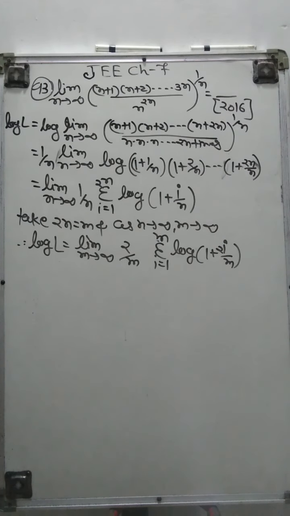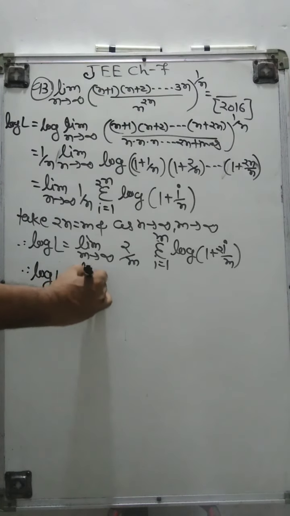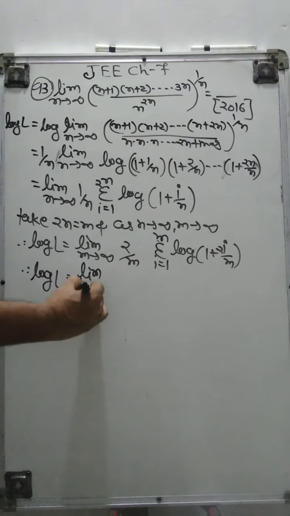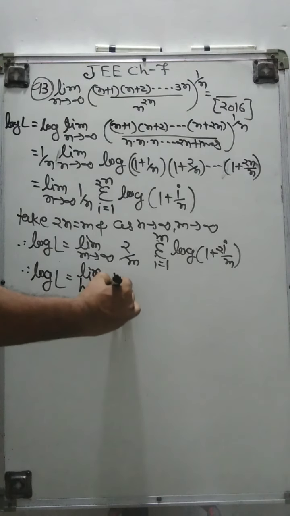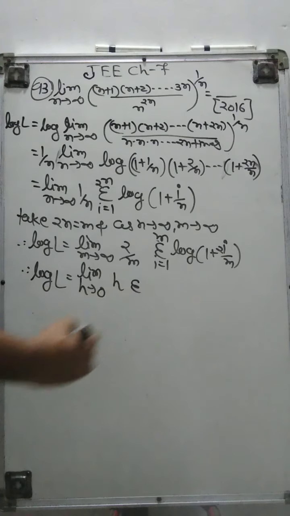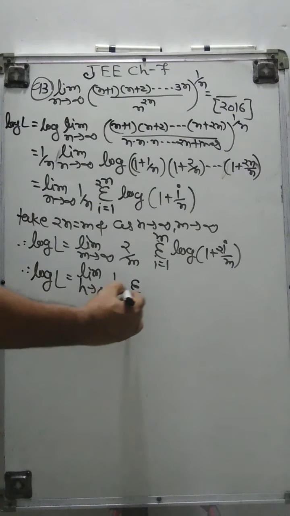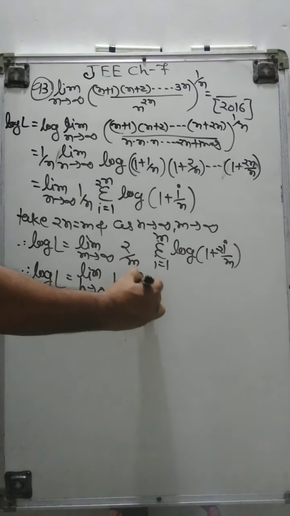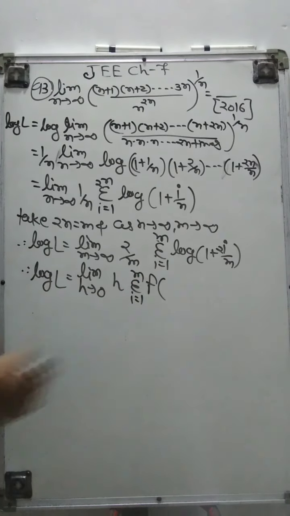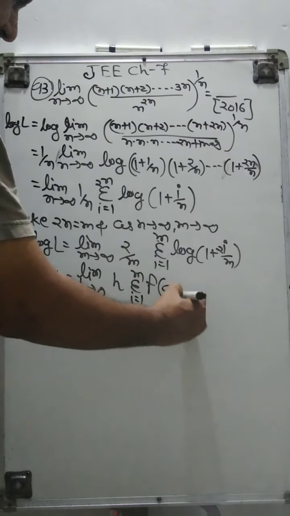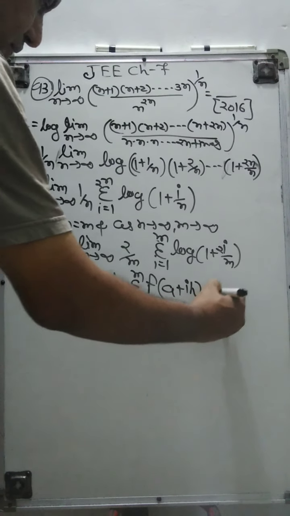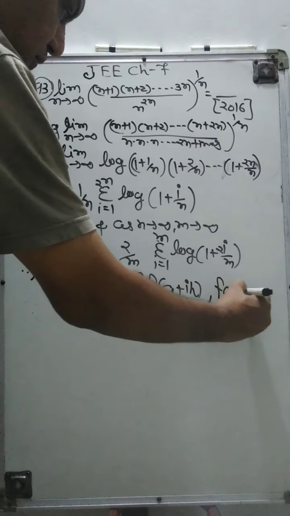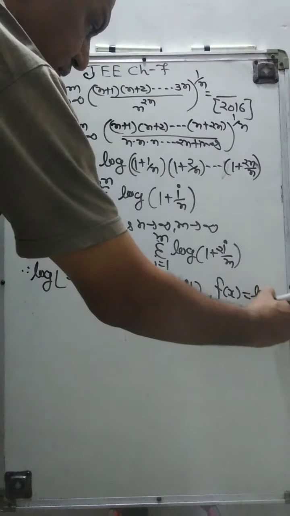Okay, then we take log L is equal to limit h tends to 0, h sigma i equal to 1 to m, f(a plus ih), where f(x) equal to log x.